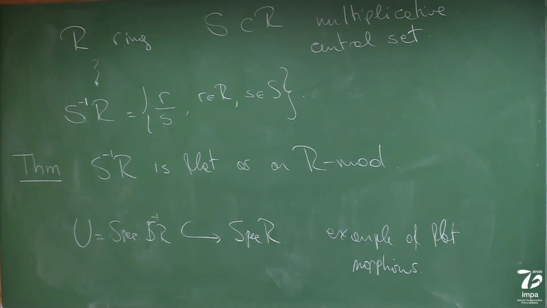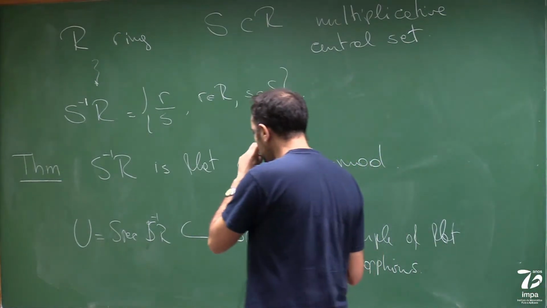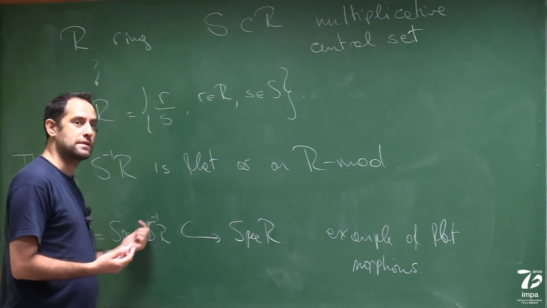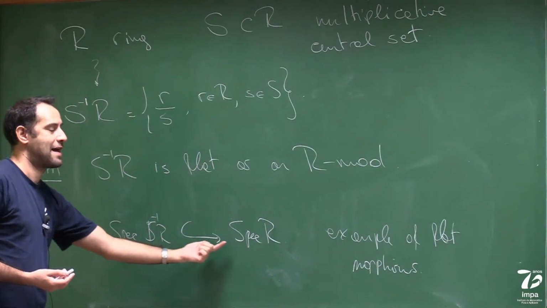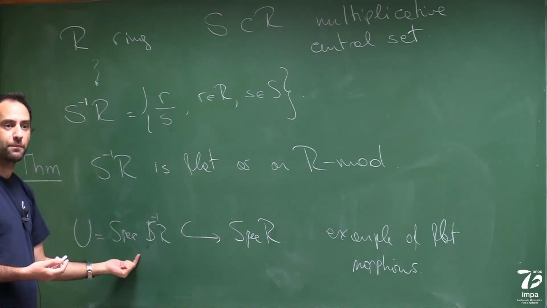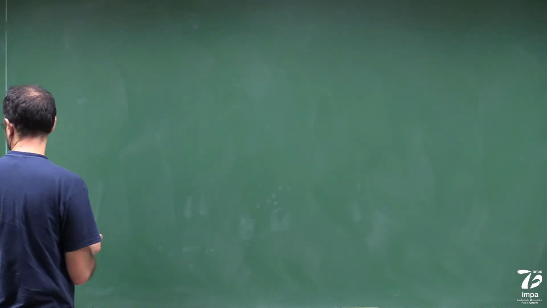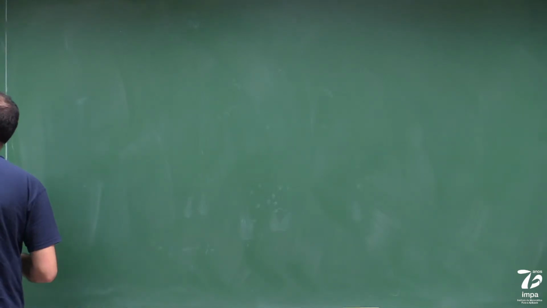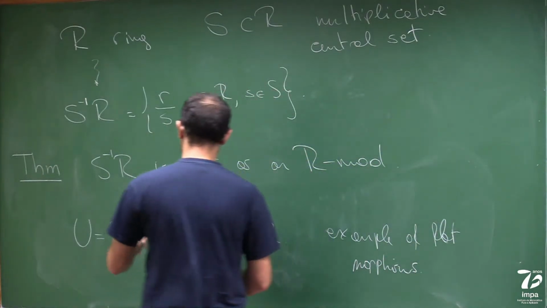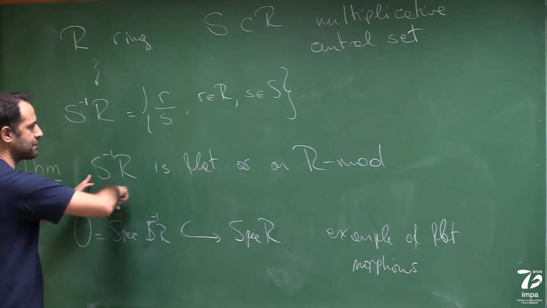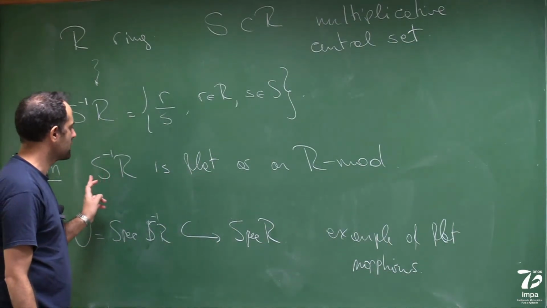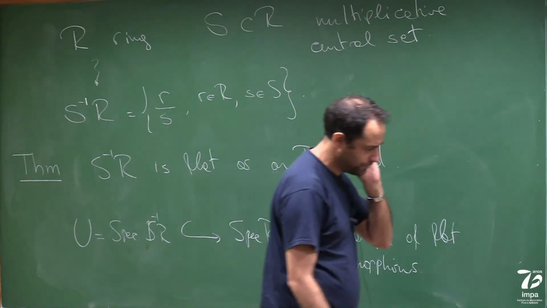So this, in combination with the lemma which is proven, would give you the statement that I was making about taking a flat module here and restricting it to the open. All right, so let's prove this statement that S inverse R is flat as an R module. This is geometric, for commutative rings, but it is true for an arbitrary ring.